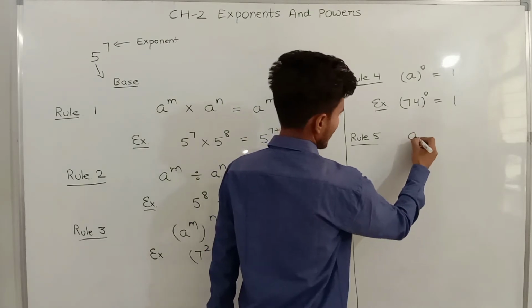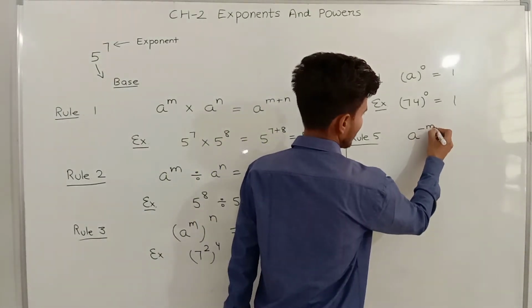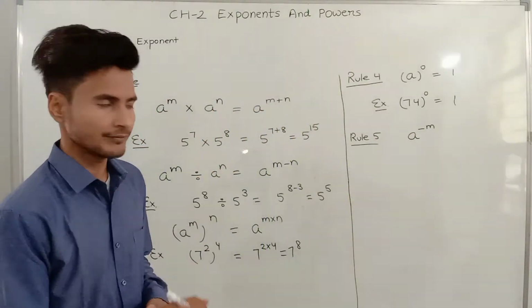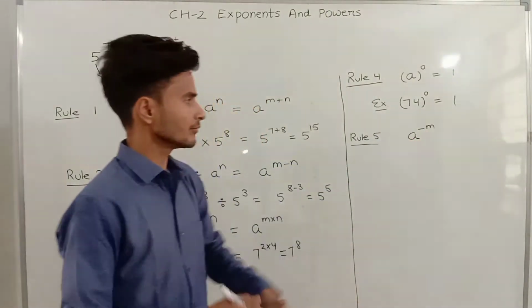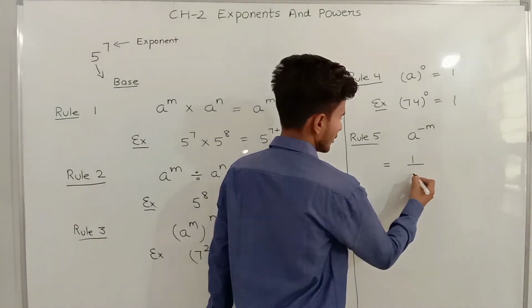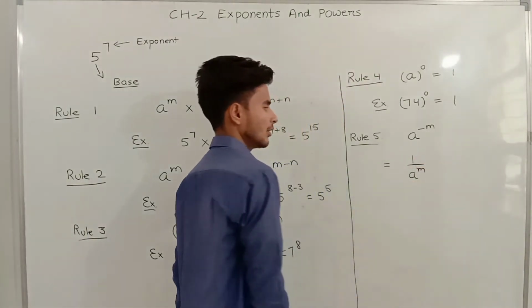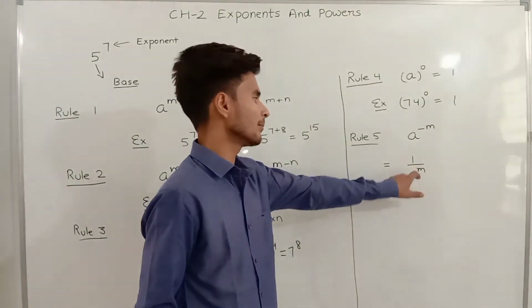If you have a power minus n, how can you solve it? Here power is negative. How can you make it positive? 1 upon a power n, and the power will become positive.